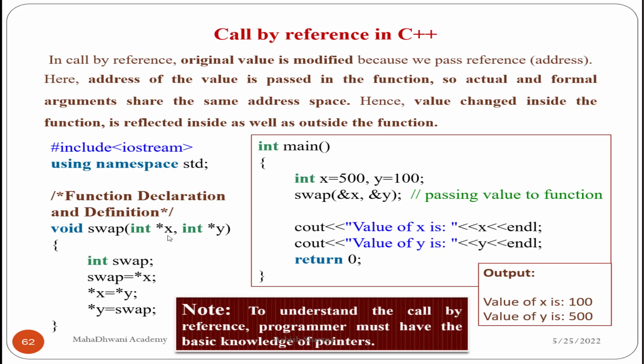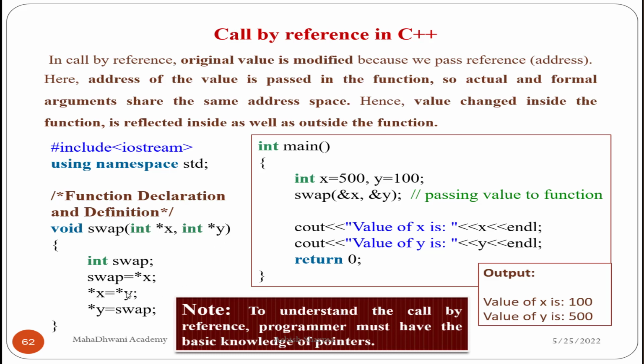First we understand the concept here. Inside the definition of the swap function, we have one variable of integer type. The name of the variable is swap. In this variable we write the value of pointer x, meaning we pass this value to the swap variable, and then this pointer variable x is empty now, and we store the value of y to x.